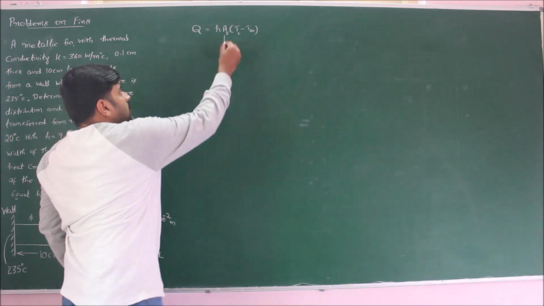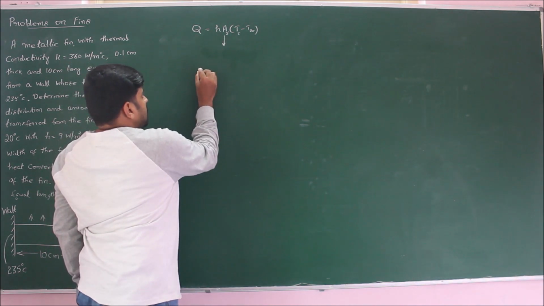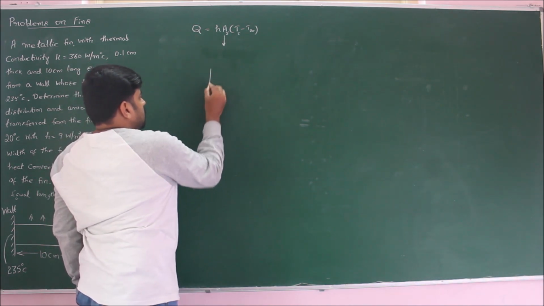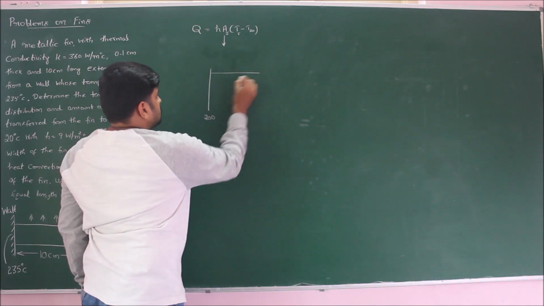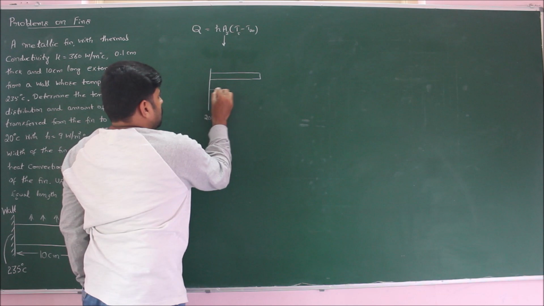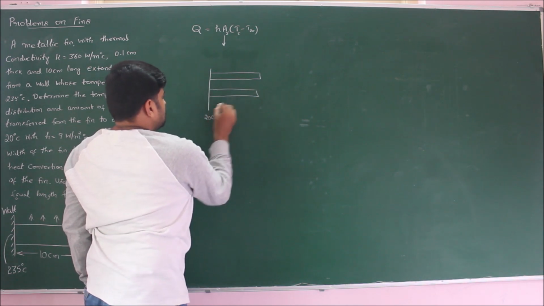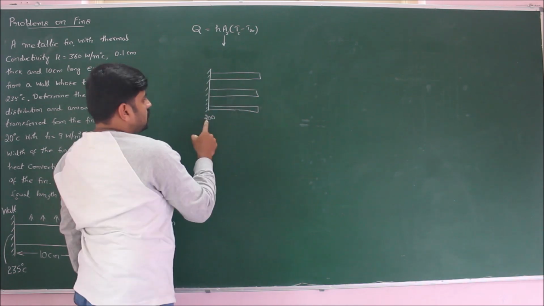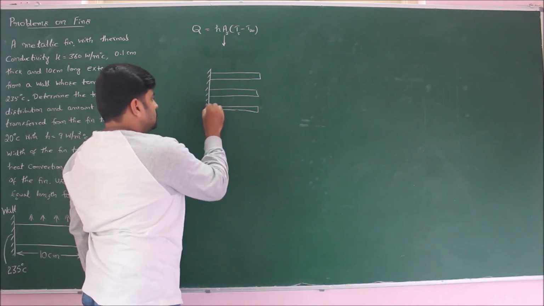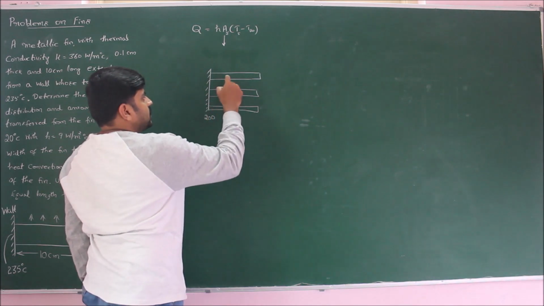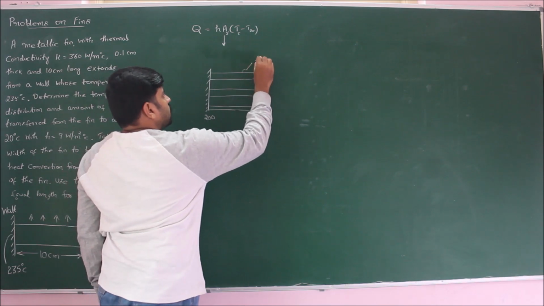So for any surface, let us say I have a surface maintained at around 200 degrees Celsius. Now, if I use fins of circular or rectangular cross section, I can enhance the rate of heat loss. So this 200 degrees Celsius surface is attached with extended surfaces, which are termed fins.